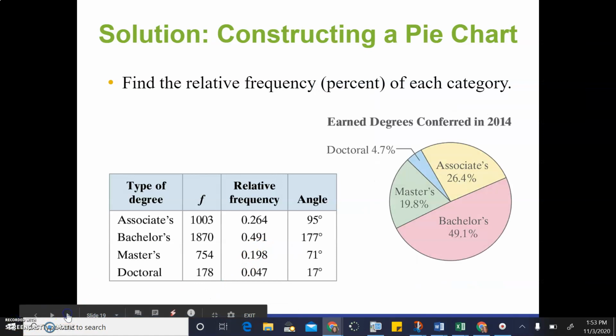So the cool thing about the websites we're going to use is they would do a lot of this angle part for us. We won't have to stress about it. But you would think that this 0.491, which is almost 0.5, almost a half, should be almost a half of the whole circle. So this is a quick way to see, and it puts the percents in there for you.